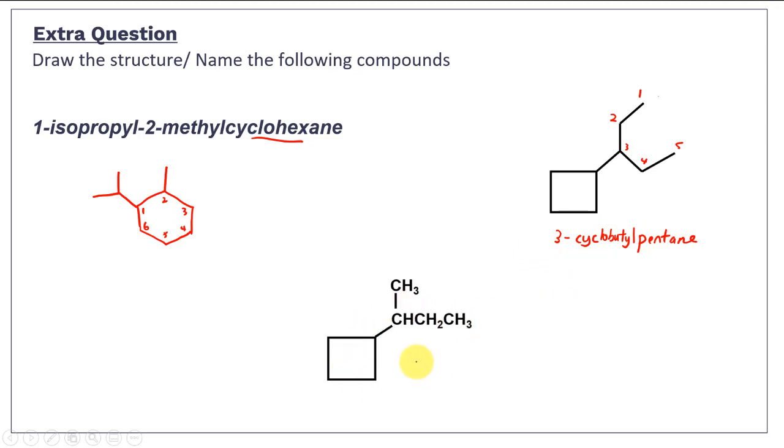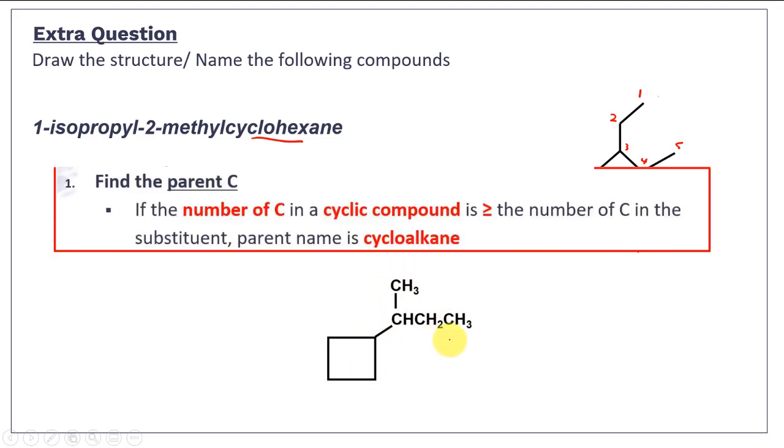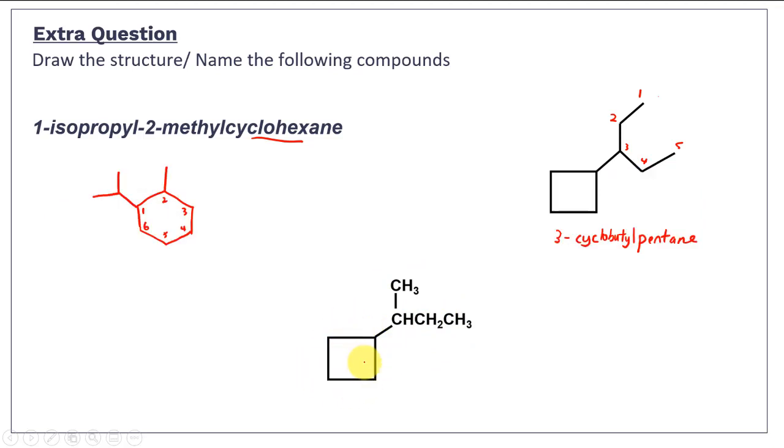And for the next structure, if you compare, there are 4 carbons in the cyclic part and 4 carbons in the main chain. So the cyclic compound becomes the parent. This is position number 1, and with only one substituent, you don't have to put a number. This is a secondary carbon, and you have 4 carbons in this substituent, so this is actually sec-butylcyclobutane.